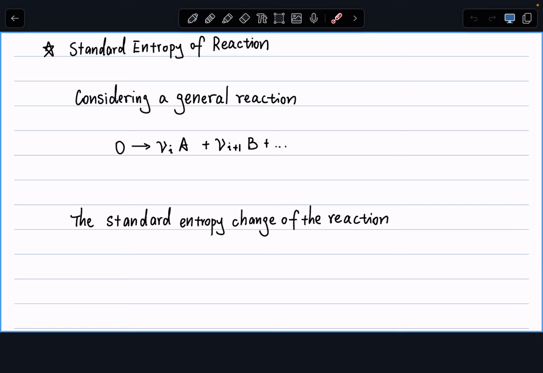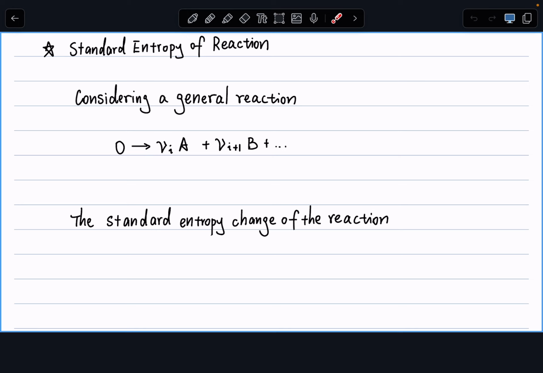This first part sounds a little bit like a review. Remember, we have a general reaction here. You can write it as 0 goes to the sum of the stoichiometric coefficient times your specific chemical species A, B, and C. Now, keep in mind the stoichiometric coefficient is a negative number for reactant and positive for product.